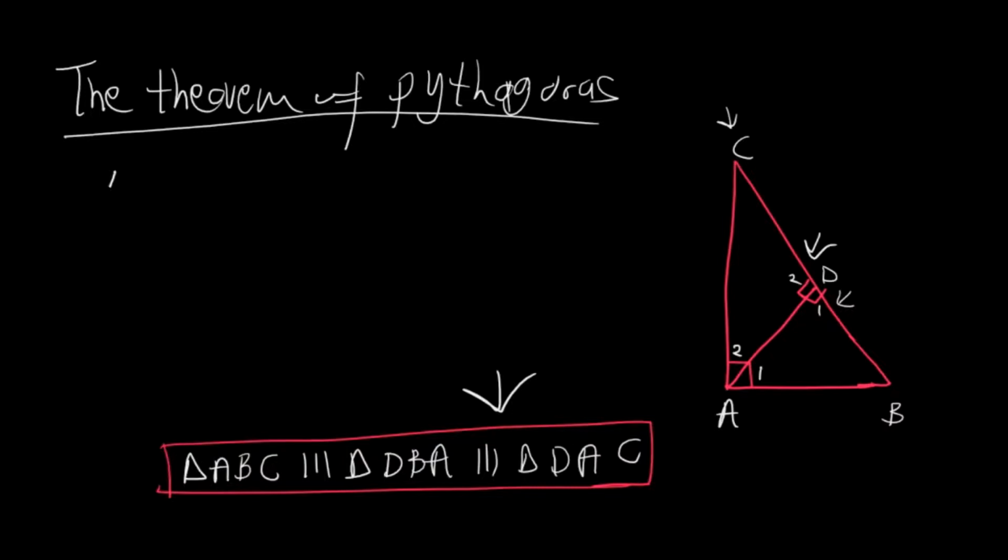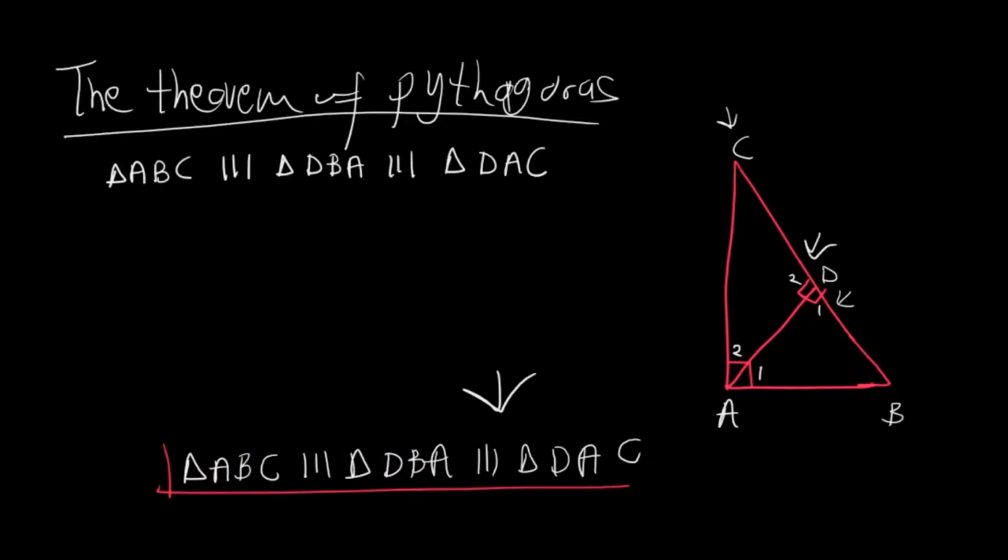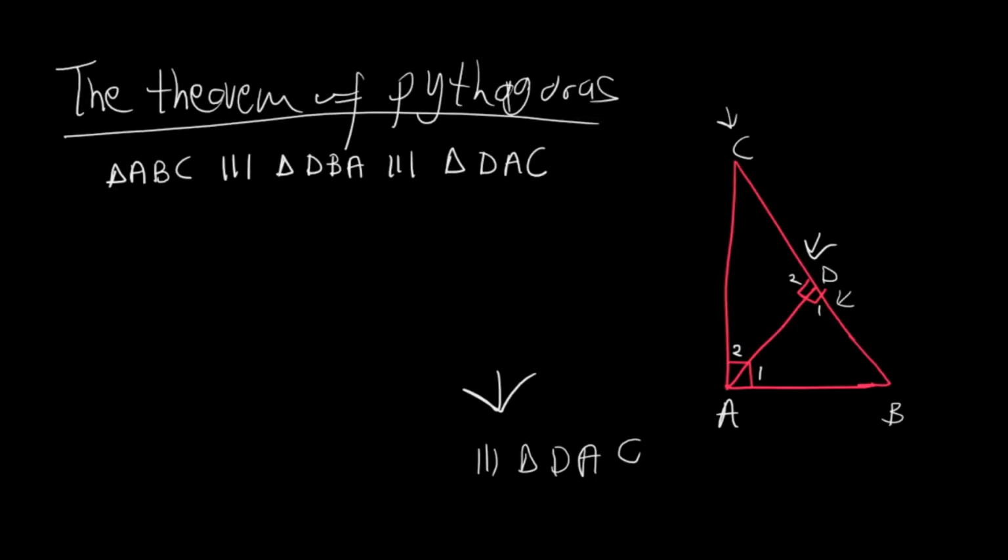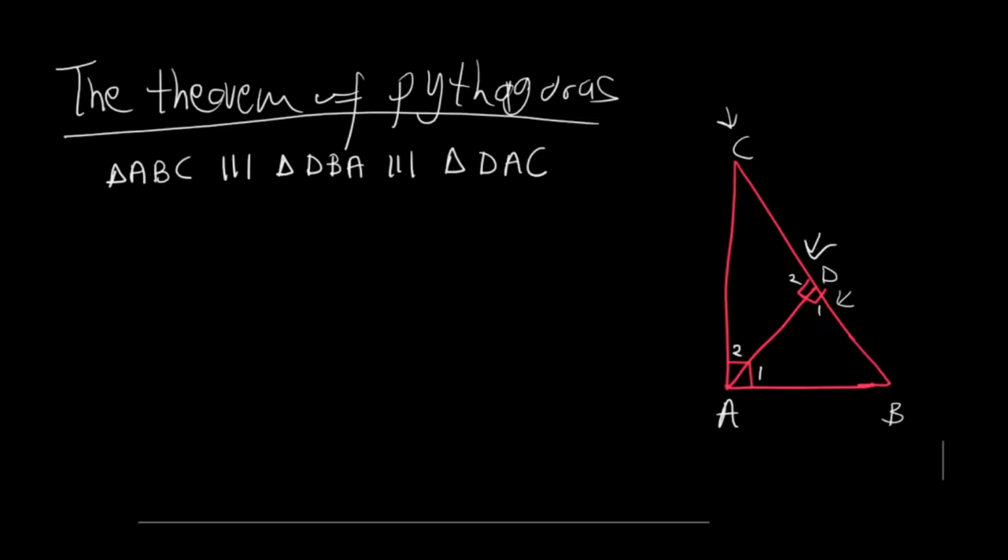So I'm going to say triangle ABC is similar to triangle DBA is similar to triangle DAC. So we're going to develop corollaries. Oh gosh, why is this name hard to pronounce?